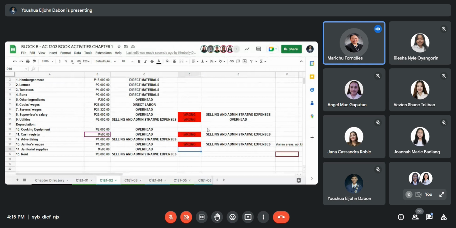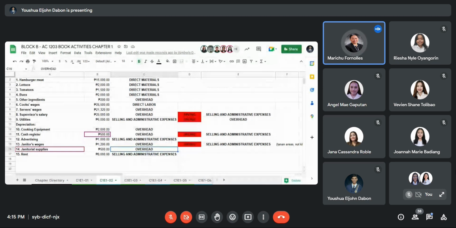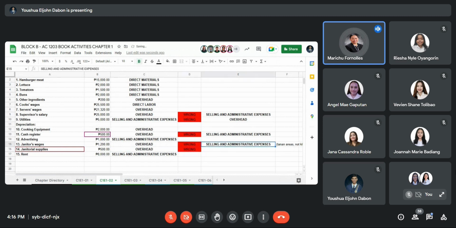Number 14, janitorial supplies. You answered overhead. But the janitorial supplies, the supplies used by the janitor, should not be charged to the kitchen or production. Therefore, it should not be overhead, but selling and admin expenses.